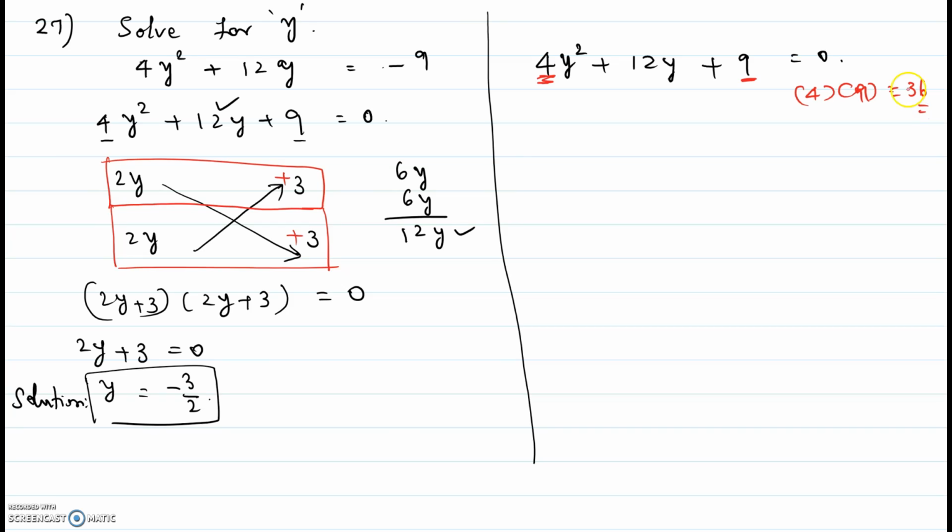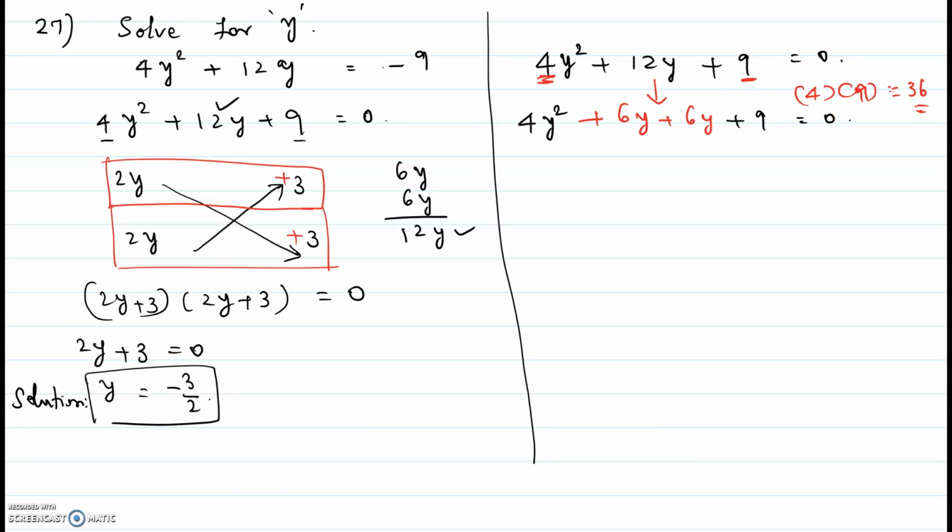You have to make sure that you break the middle term into two parts that add up to 12y and multiply to 36y². So it is 6y + 6y, that is 12y, and plus 9, keep the 9 as 9, equal to 0.